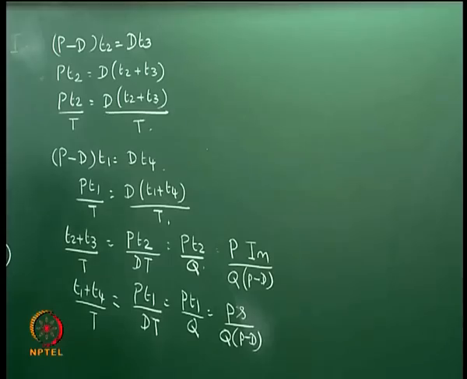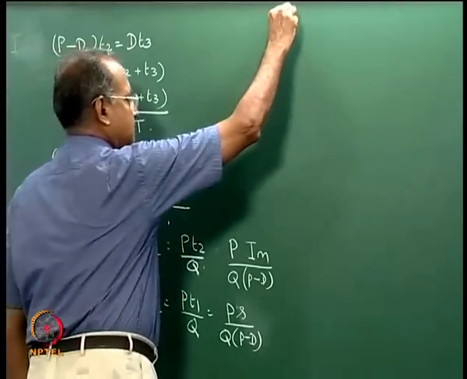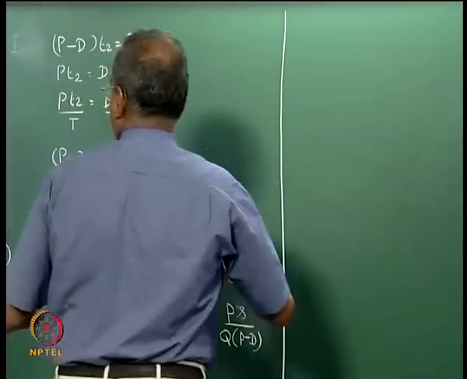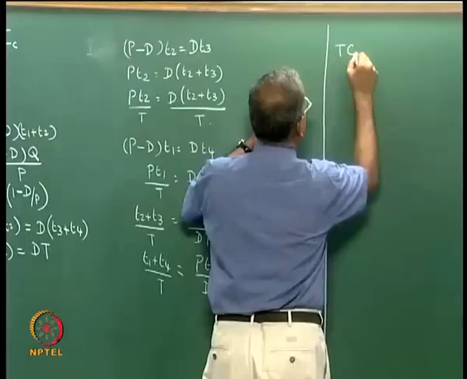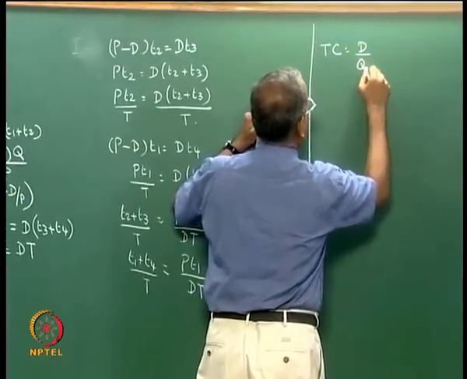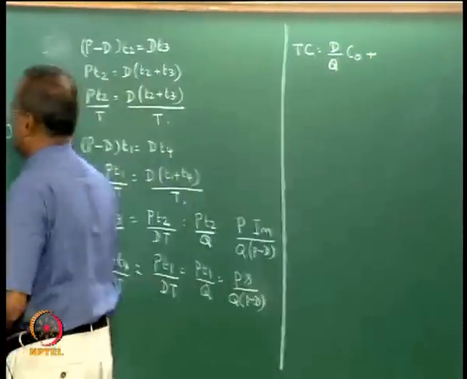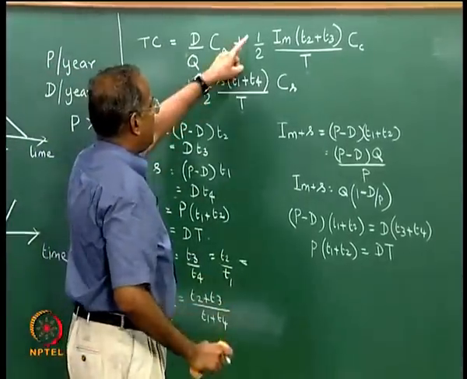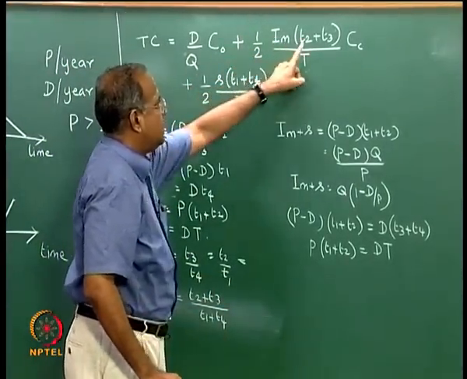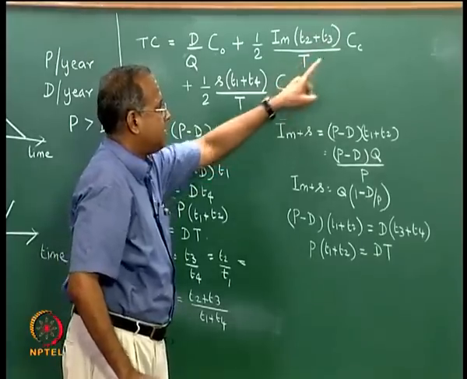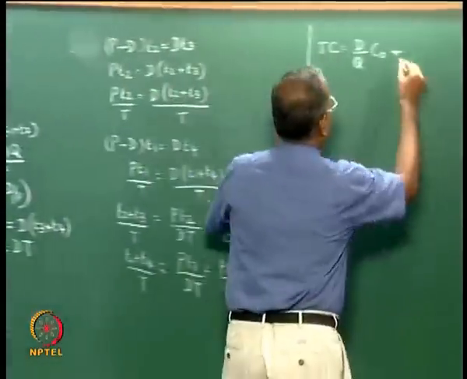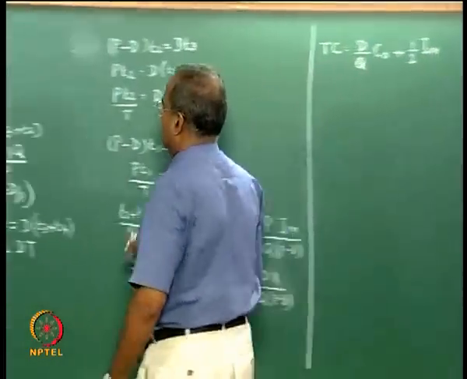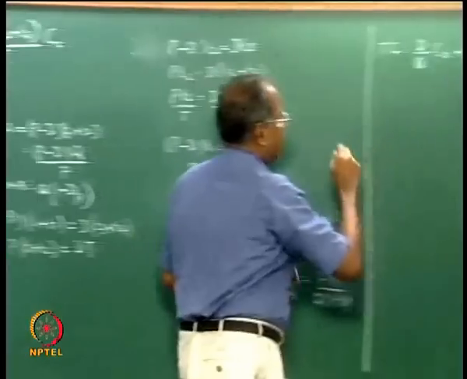So, now we have derived all these expressions that relate all of them. All we now need is to substitute them. When we substitute, you get Tc is equal to D by Q C naught, that comes from here. Then we have half into Im into (T2 + T3) by T into Cc.